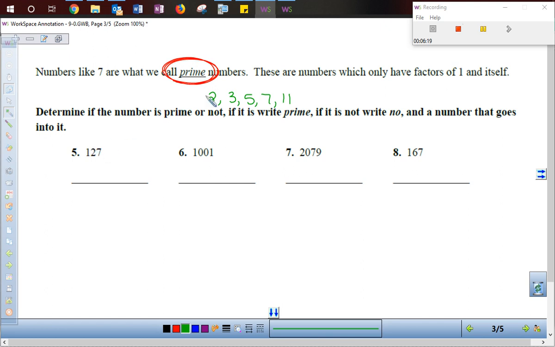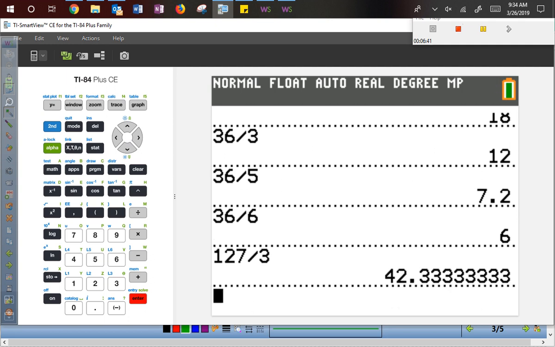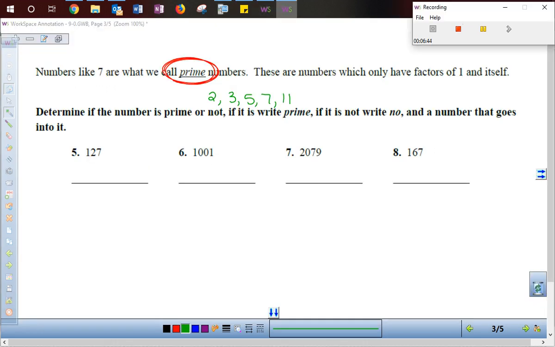If you need to use your calculator, you're welcome to. I'm going to start with 127 divided by 2. Now I know that doesn't work because 127 is not an even number. So let's try 127 divided by 3. If I take 127 divided by 3, notice that I get a decimal. So that doesn't go into 127. Next, I want to try 5. Now 127 does not end in a 0 or a 5, so 5 cannot go in there.